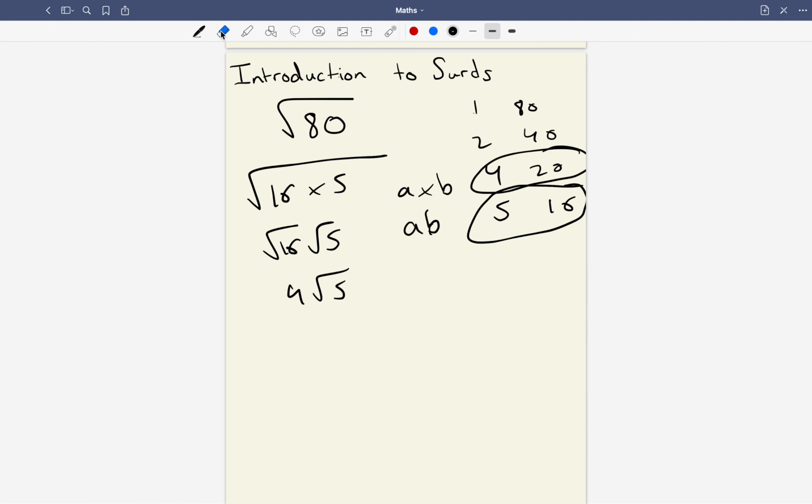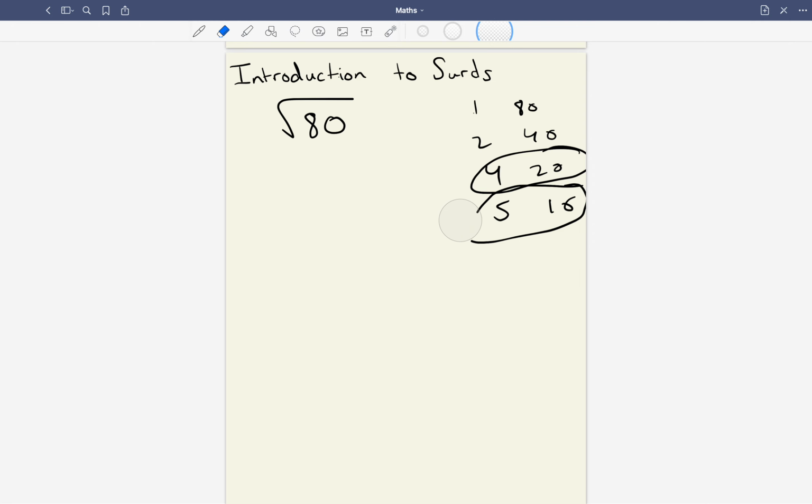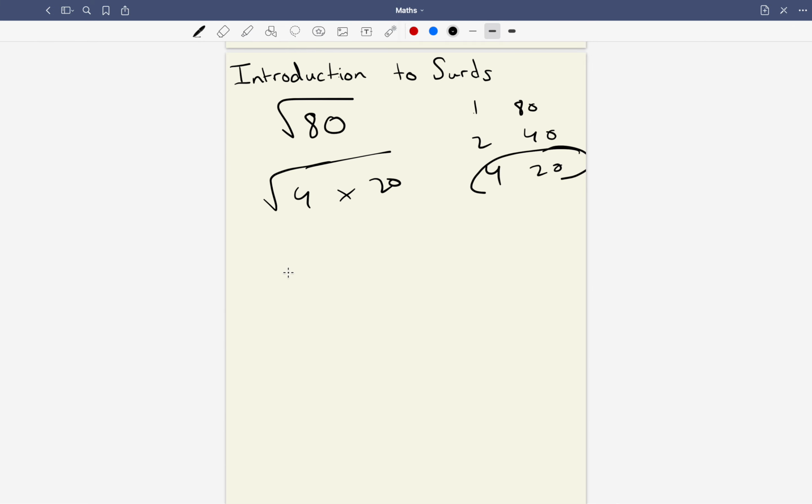Now I'm going to show you how to do that with the other factors, which is 4 and 20. So root 4 times 20. Write it as root 4 root 20. So you've got 2 root 20. Now you do the same process for root 20 that we did earlier.